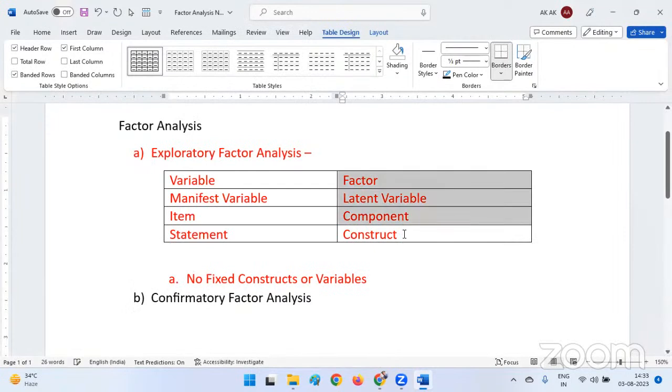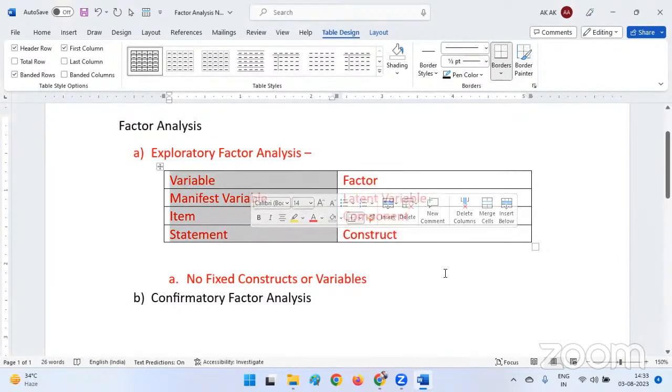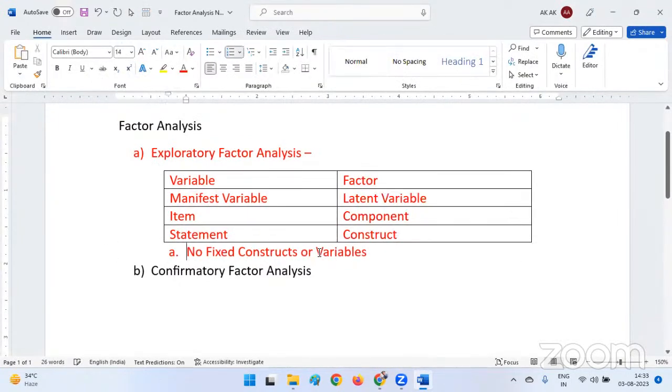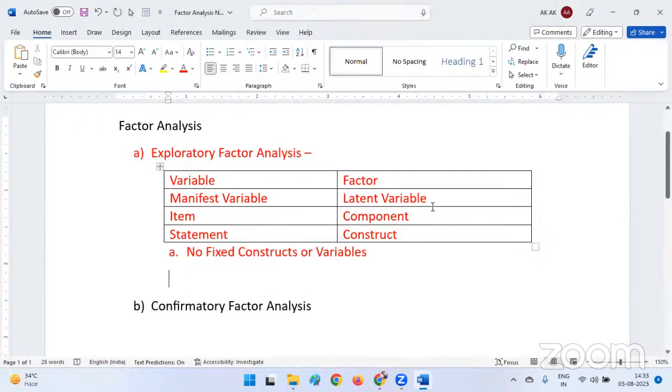These four are the same, and these four are the same. Now, why do we use the term manifest variable? A manifest variable is a variable that can be measured directly, and a latent variable is a variable that is measured with the help of manifest variables.